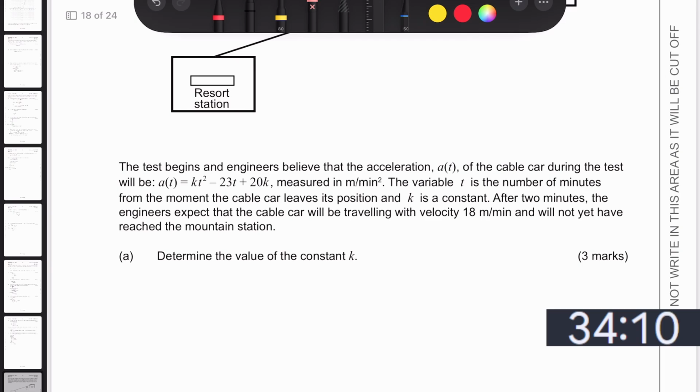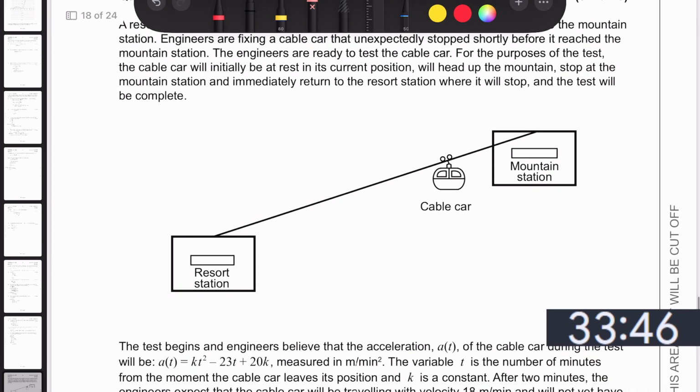The test begins, and engineers believe the acceleration during the test will be that measured in meters per minute squared. The variable t is the number of minutes from the moment the cable car leaves its position, and k is a constant. After 2 minutes, the engineers expect the cable car will be traveling with a velocity of 18 and will not yet have reached the mountain station. Determine the value of the constant k.